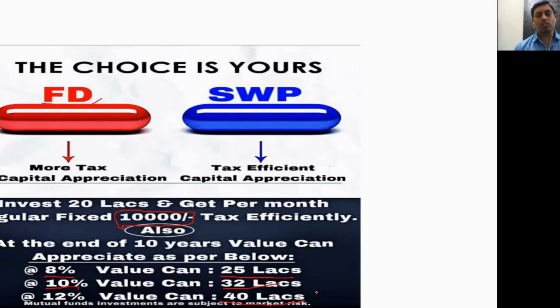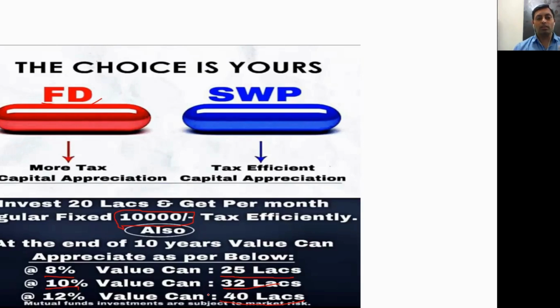So what additional benefits are we getting when compared to FDs, since we are comparing with the FD here? See, suppose in between I want some money. I thought of keeping it for 10 years, but by any chance I may need some money.